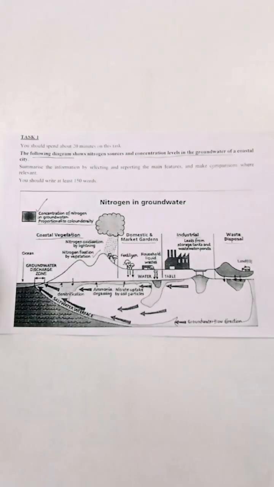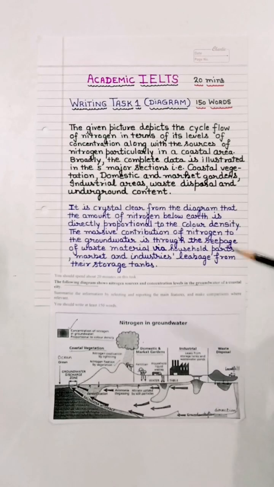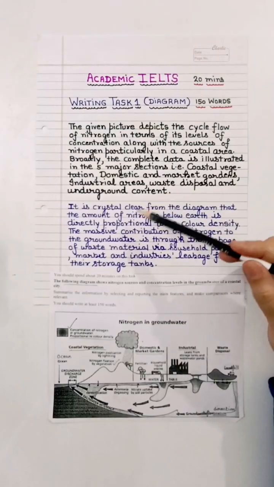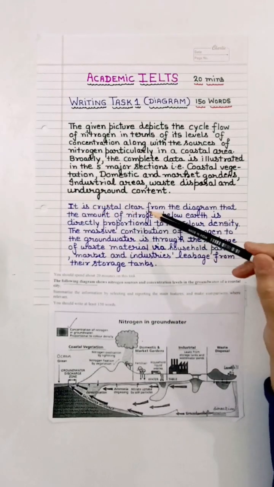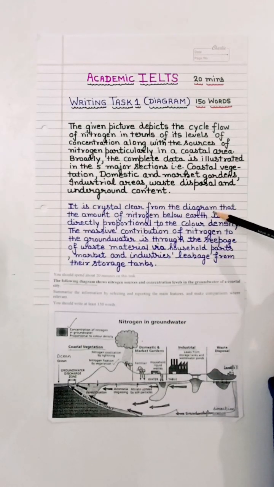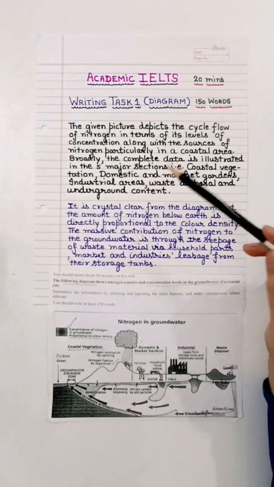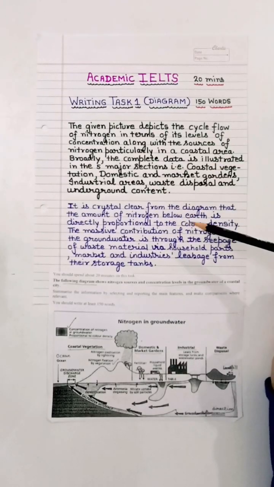So what comes next? Now, this is the handwritten overview, the final one, which is the second paragraph. It is crystal clear from the diagram. Again, I'm using diagram because I have already used picture, then diagram, then again picture, then again diagram.